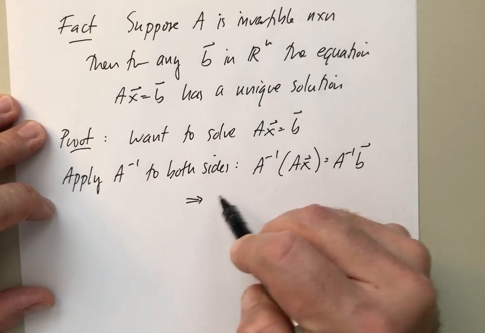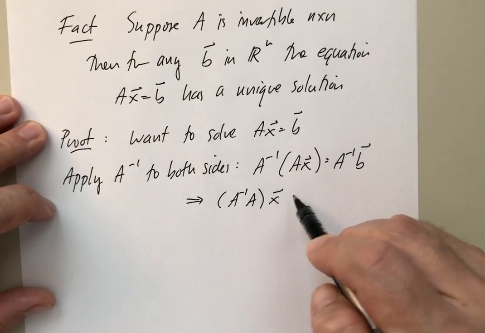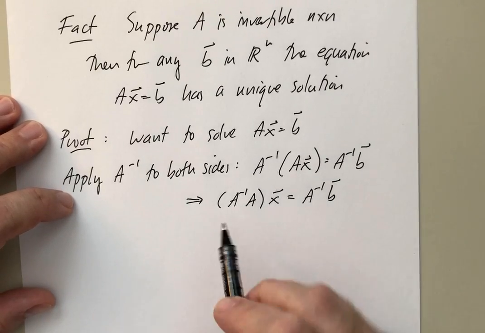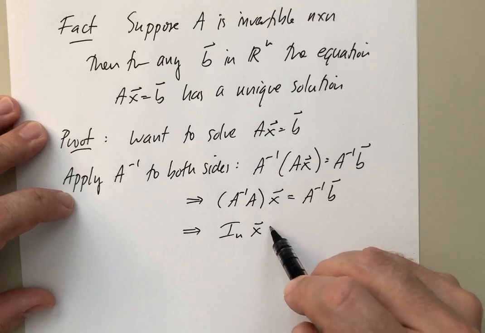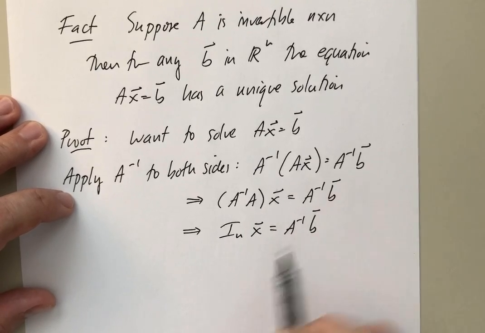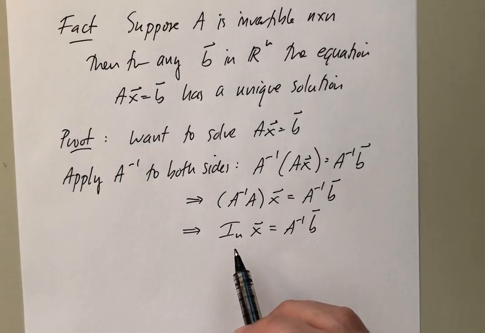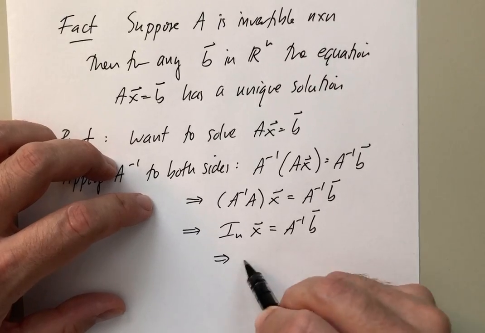Well, what does this mean? Because of the associative rule, this is A inverse times A, equals A inverse b. But what is A inverse times A? That's the identity matrix times x, and that equals A inverse b. You can check that the identity matrix not only multiplies matrices to what they were, but also, when you multiply it by a vector, you get what you started with.